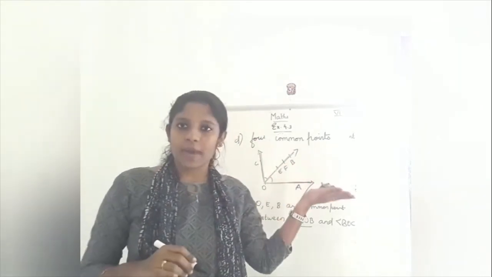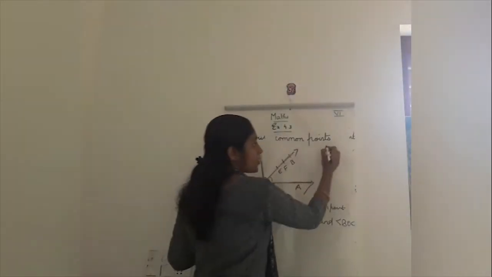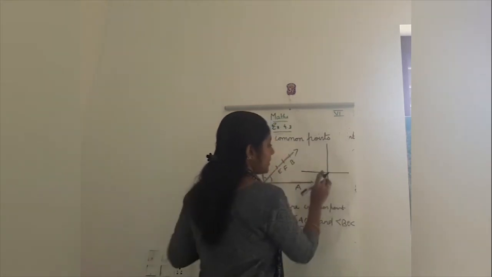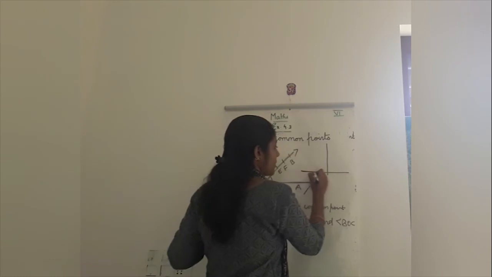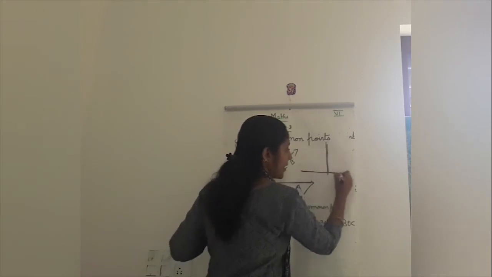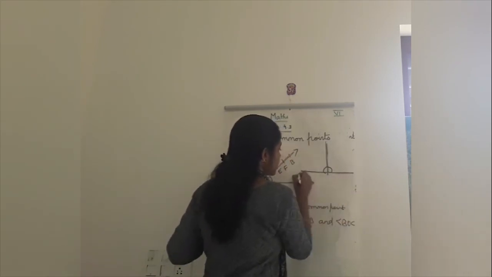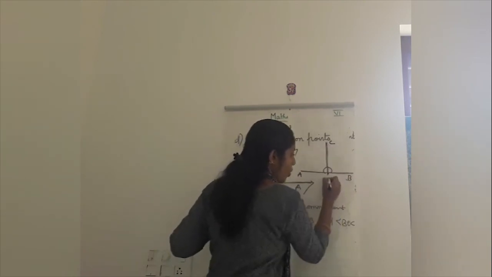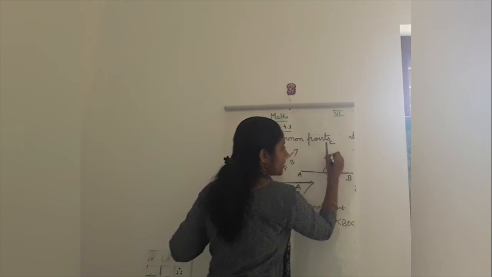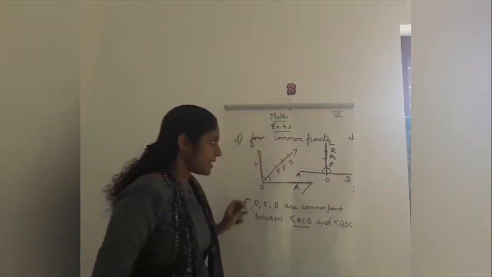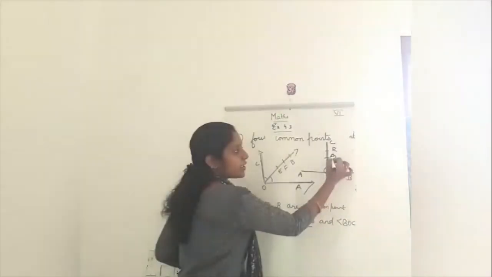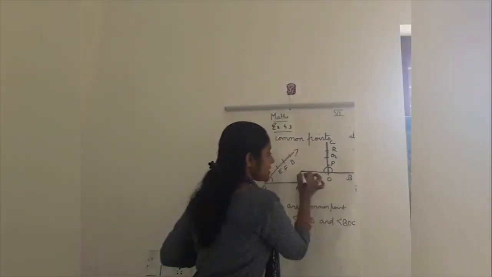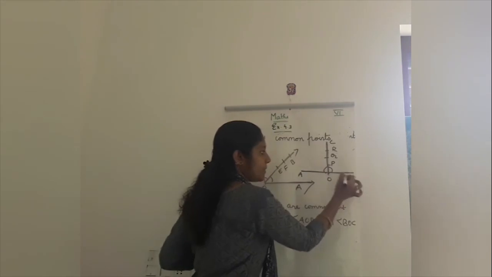Or else you can draw it like this. Here, if this is an angle, mark A, B, C and O, and this is P, Q, R. Mark O, P, Q, R, C. There are four common points with two angles, angle AOC and angle BOC.